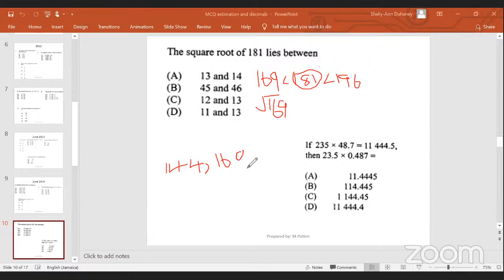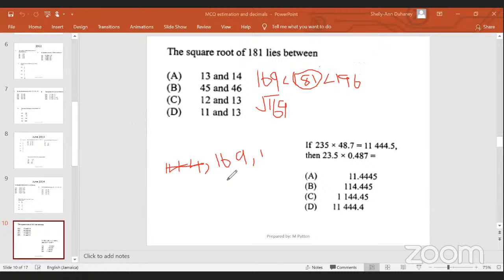They gave us 181, so they want to find out which square numbers that number lies between. It couldn't be 144, because just after that we have 169. You follow me? 181 is indeed not a square number, but they just wanted the square numbers it lies between.